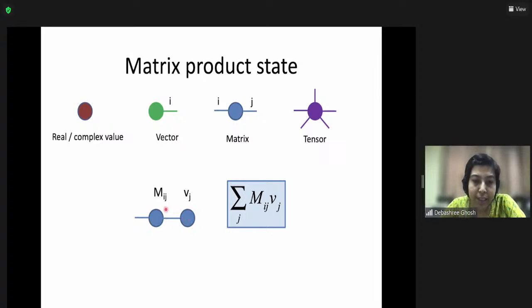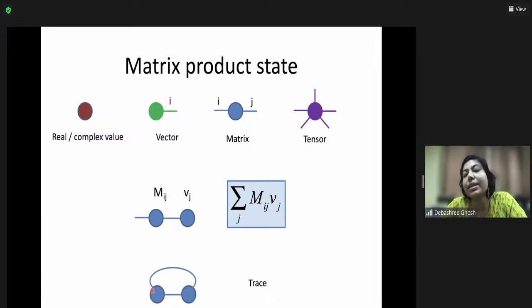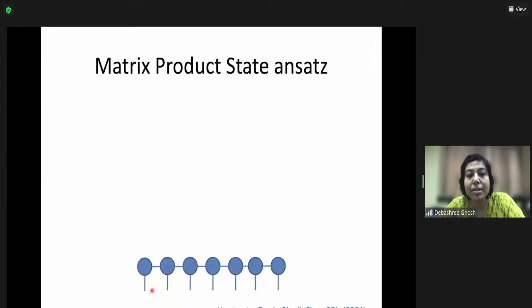After this operation, I'm left with an object of whatever shape, but with only one leg sticking out, because after a matrix vector multiplication I only have a vector left. Similarly, if I perform a trace operation, this is what it would look like, because after taking a trace, there is no dimension that remains. There's no sticking out leg anymore. So this is essentially the language of MPS, or matrix product state.